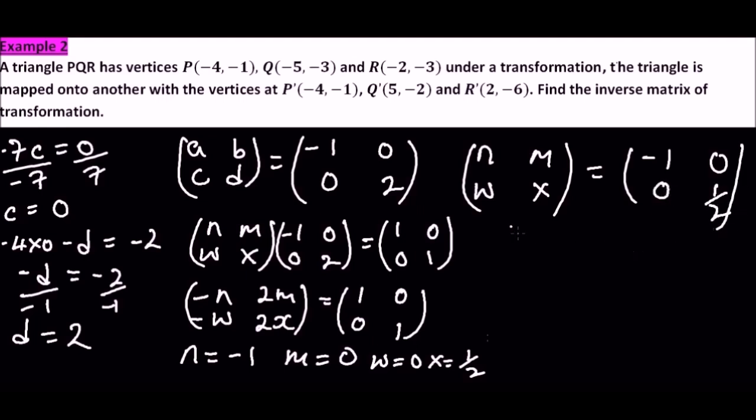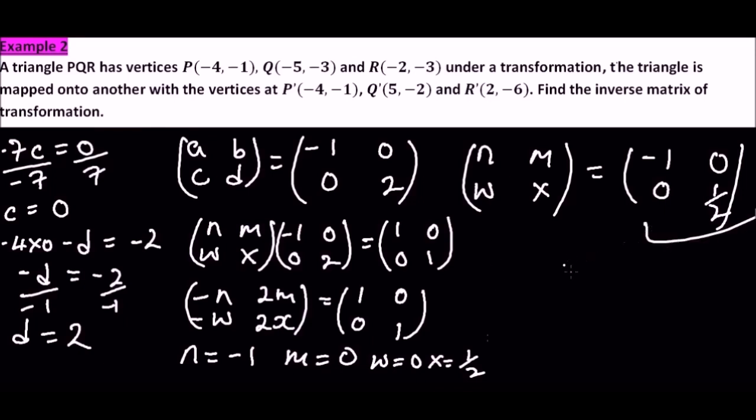So that is the inverse matrix. And since we said at the beginning that when you multiply the inverse matrix by the transformation matrix, you should get the identity matrix, we can go ahead.